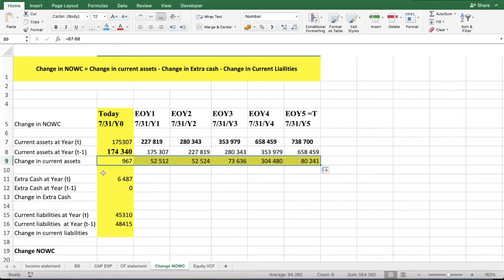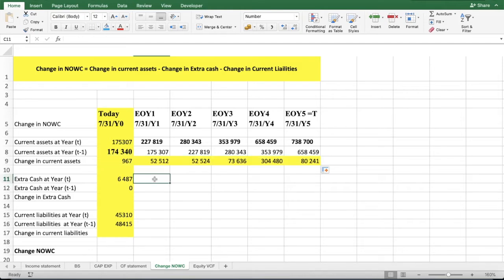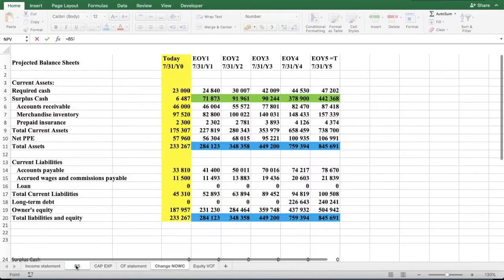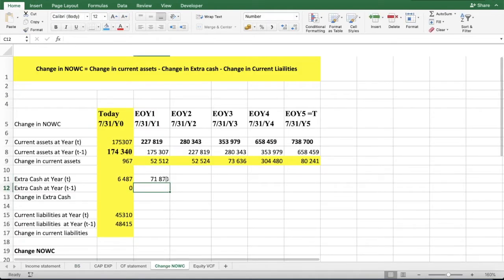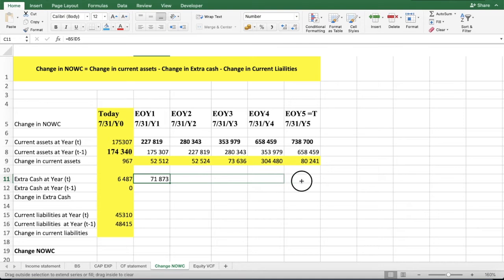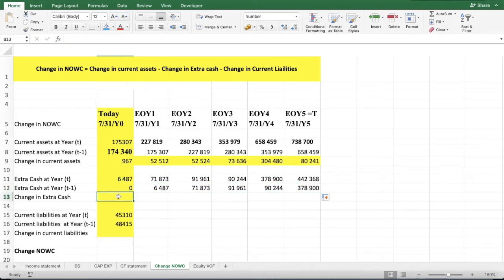Now we should repeat the same process for the extra cash and current liabilities. So extra cash, once again we go to the balance sheet. So this is the surplus cash, right? We scroll until the end. Now the extra cash at year T minus 1. And finally, the change in extra cash, T minus T minus 1.